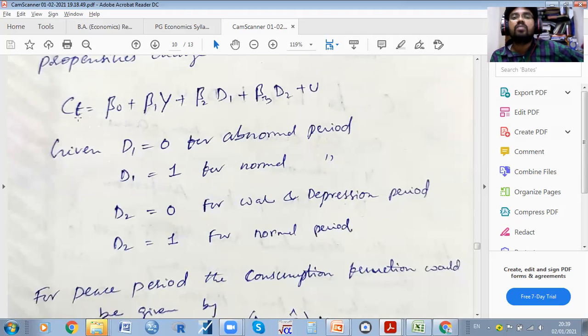Here x is income and y is gender in your regression model. So don't confuse: y is the dependent variable, so we should write y, and here also x1.